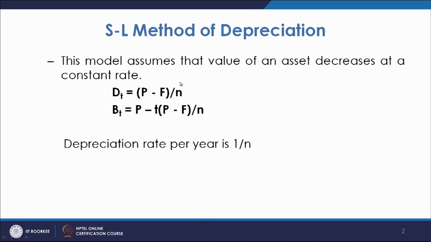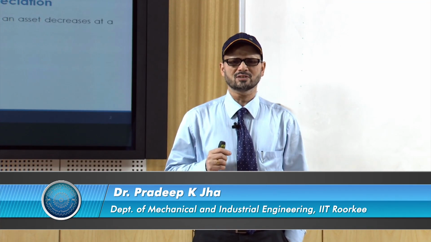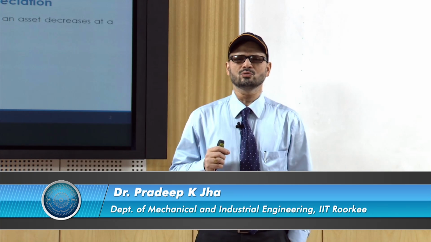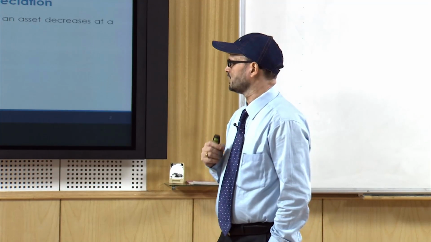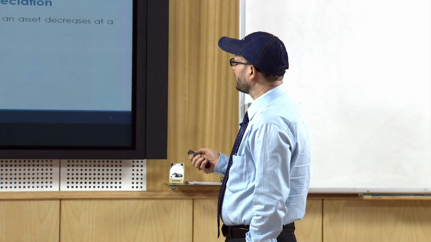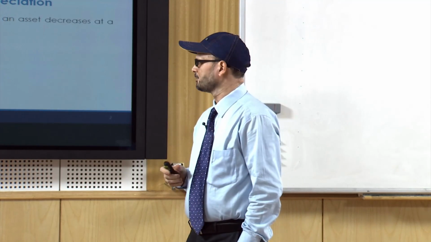In the last lecture we discussed the value time function and the book value at the end of year t, or at the end of year n, that is the salvage value of the asset. In this case this function is basically a straight line.